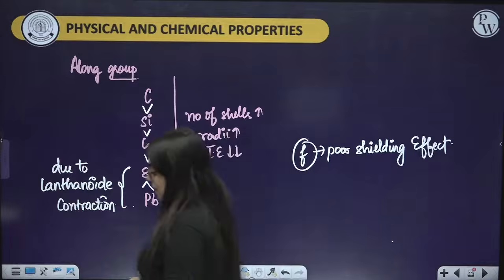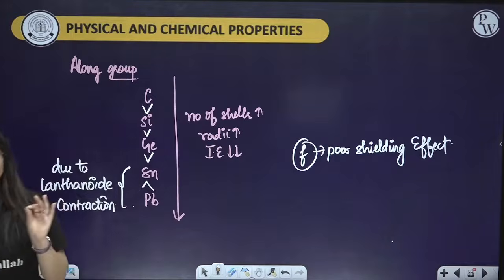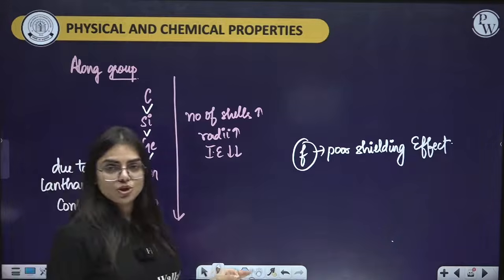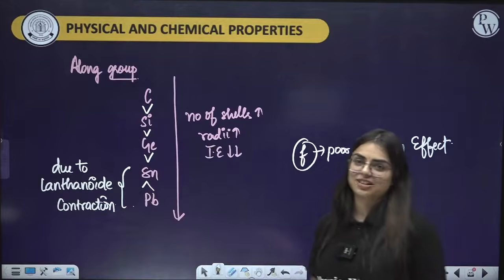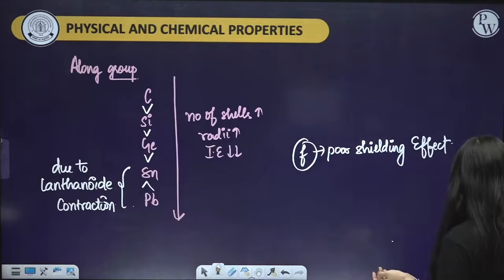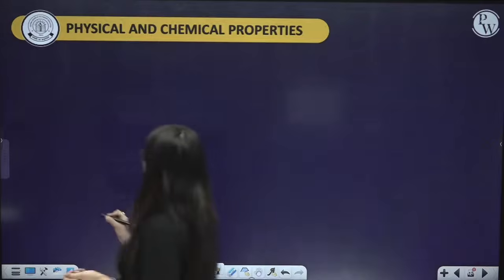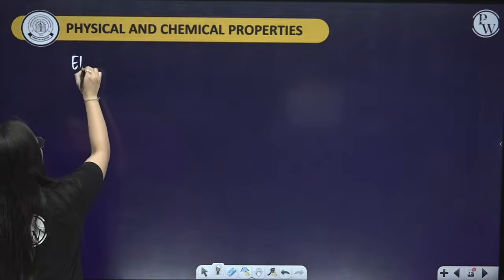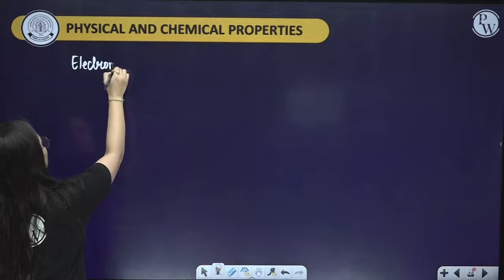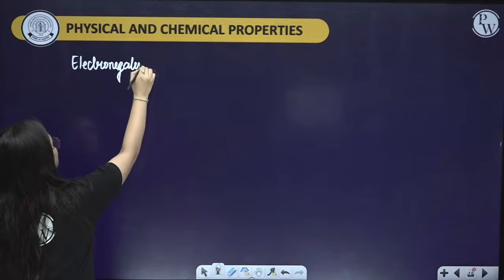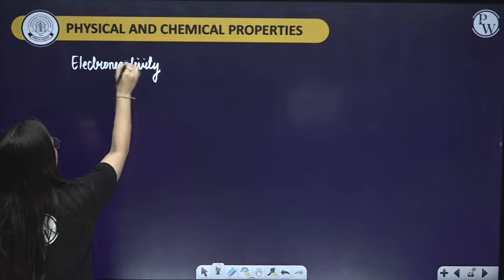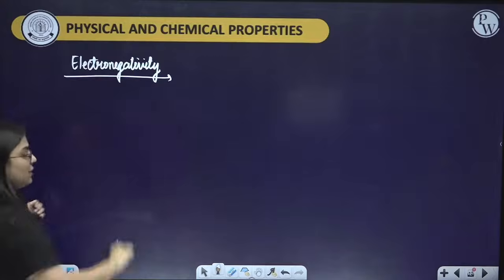Now we'll be talking about the electronegativity trend. Just take a moment, write this down. Then we shall be discussing the electronegativity trend. Right, everyone? Okay, ma'am. Let's talk about electronegativity now. What is electronegativity?